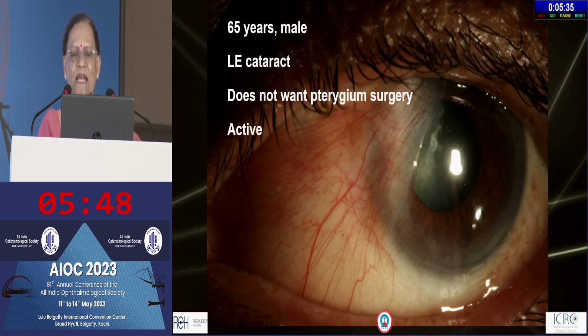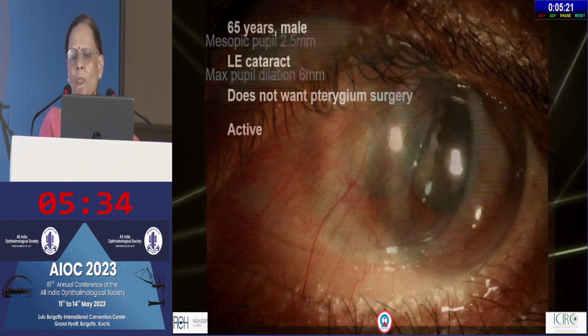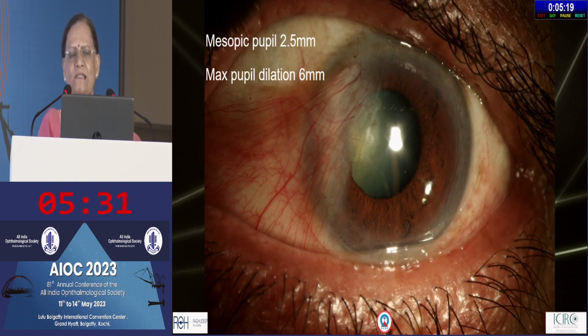This is a very challenging case that we had, a 65-year-old male with a left eye cataract who absolutely does not want a pterygium surgery because he's a high-flying businessman and needs to travel a lot. A very, very active gentleman. And we noted that his mesopic pupil was only 2.5 mm and maximum pupillary dilatation was 6 mm.